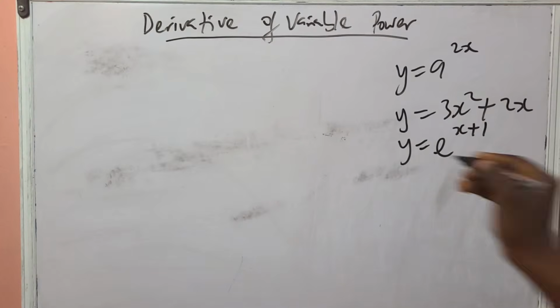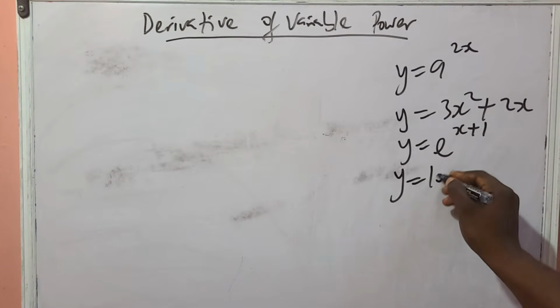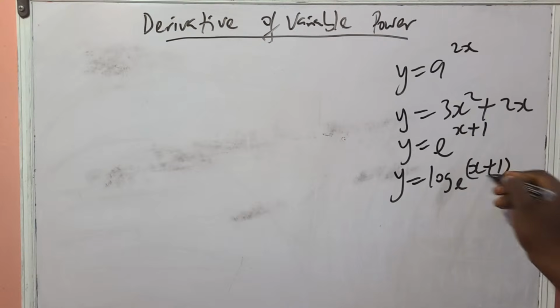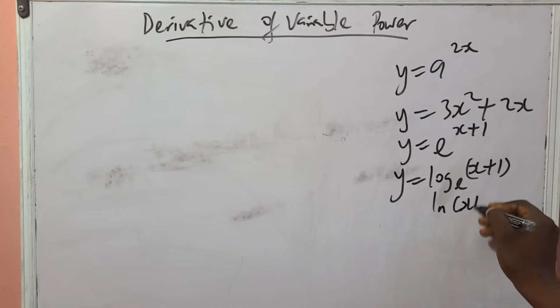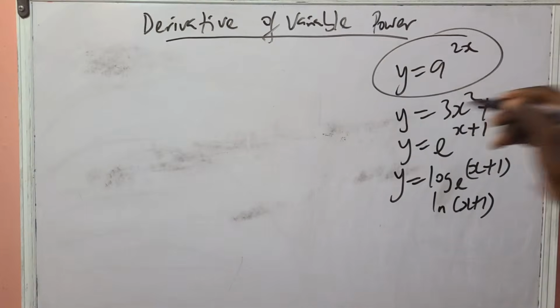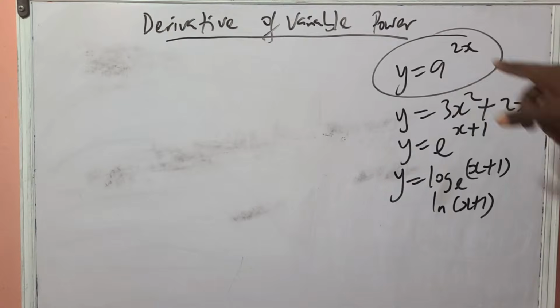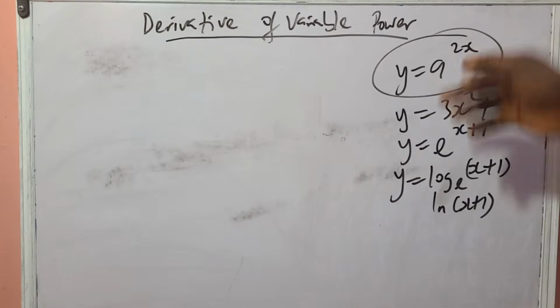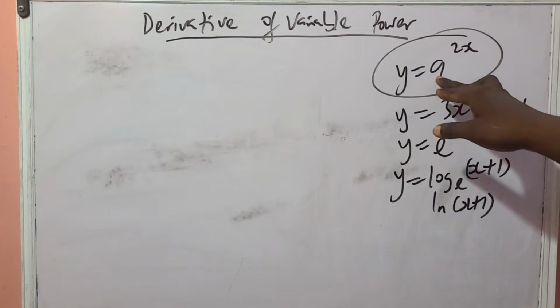Then we said logarithm function. We said log e of maybe x plus 1 as an example, which is the same thing as writing ln x plus 1. Now, what if you have a situation where this is not e, this is not log, this is not a polynomial function, this is just a variable.